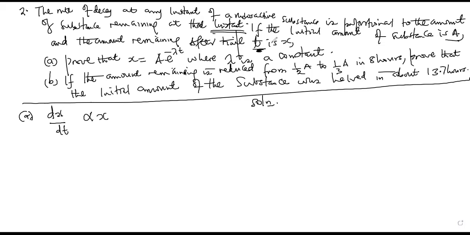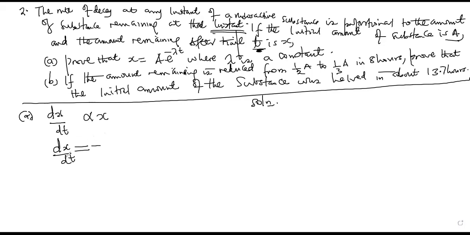So if the amount remaining after time t is x, then it means that the rate of decay is proportional to the amount. So dx/dt is proportional to x. Now, it means that here our dx/dt would be equal to, we introduce a constant and put negative, so it is going to be negative.